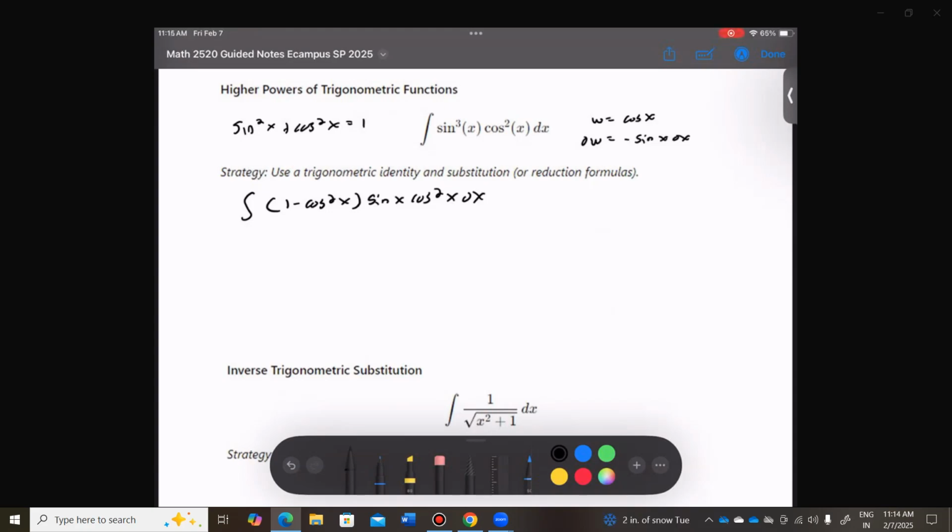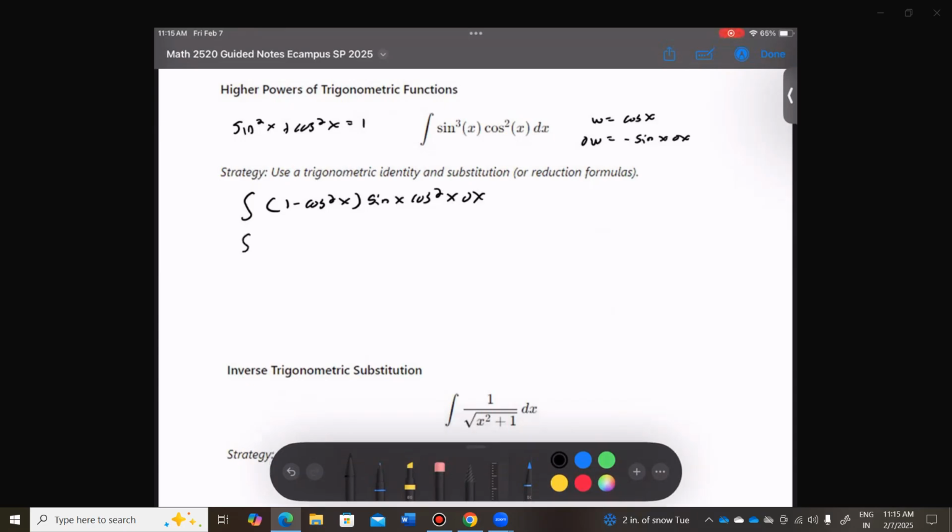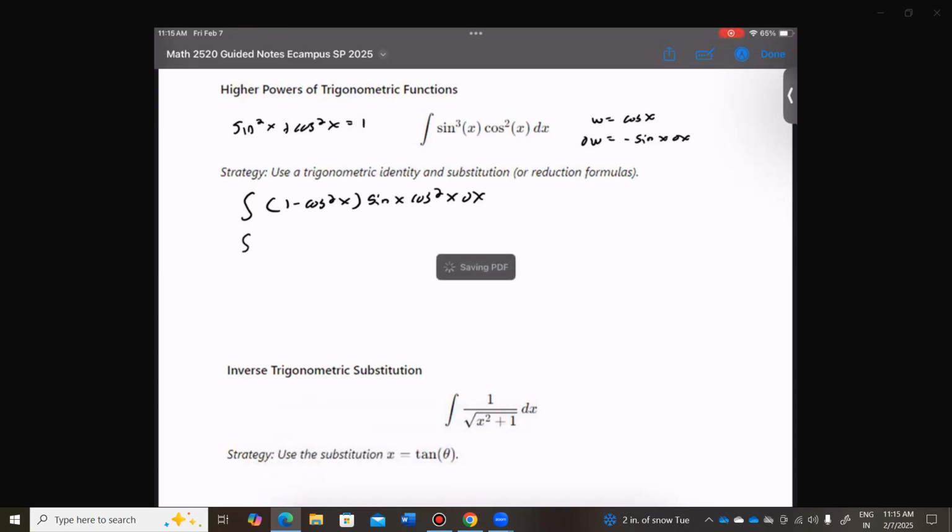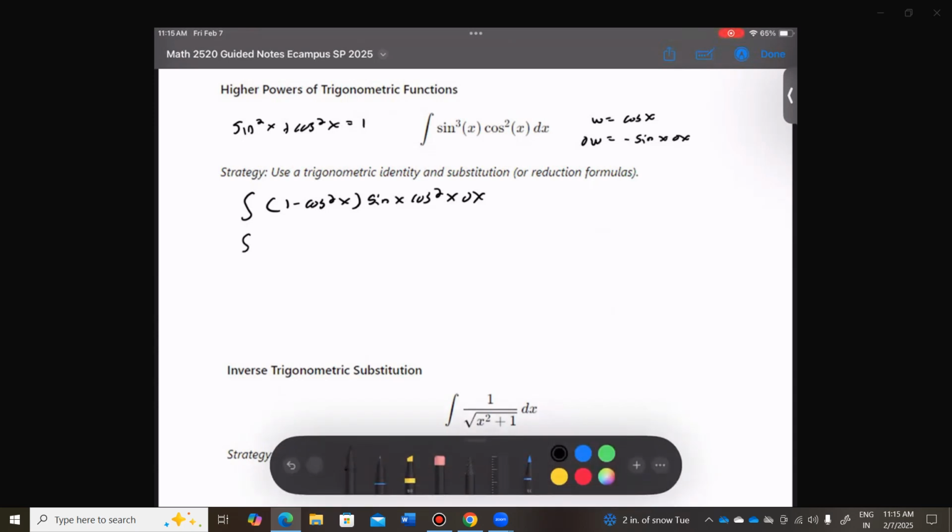And then we let w equal cosine x. So wherever there's a cosine, we put w. If it's squared, then w squared. So 1 minus w squared. And then we'll have a w squared on the outside. And then this sine x and this dx is our dw.